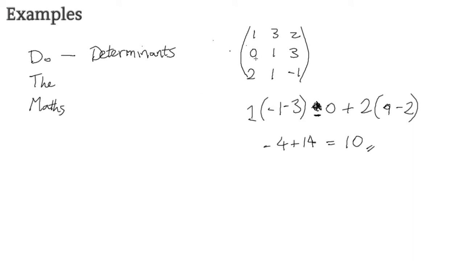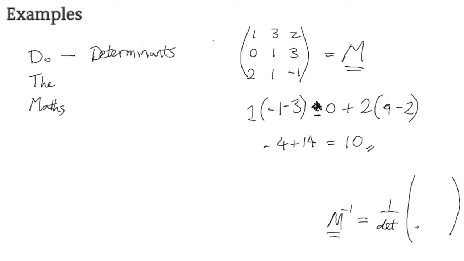So if I call this matrix M, M inverse, denoted by the power minus 1, is equal to 1 on the determinant, with a something.